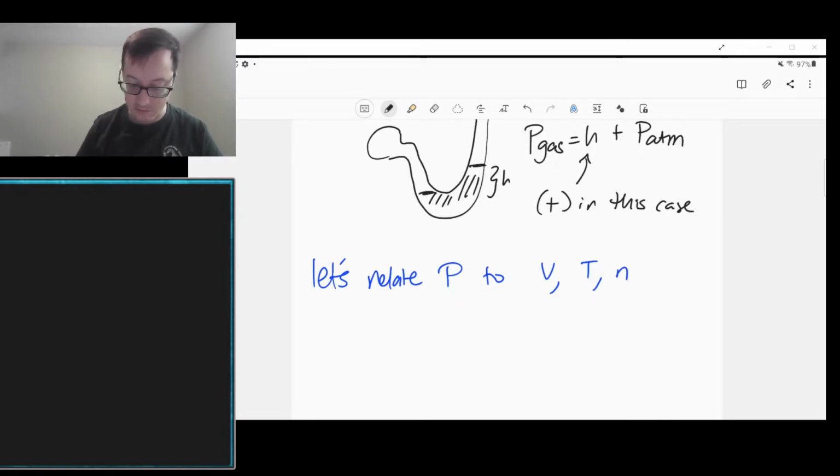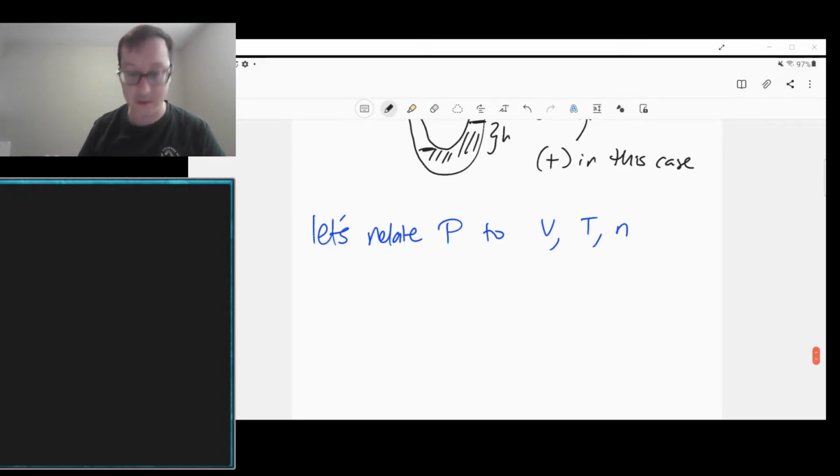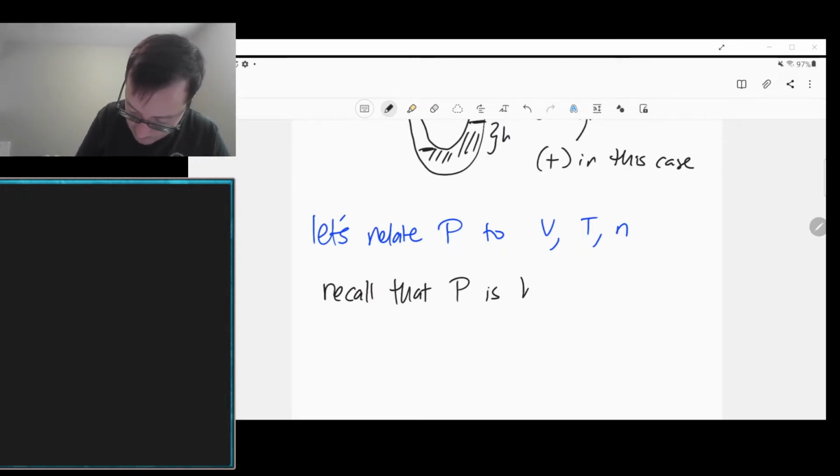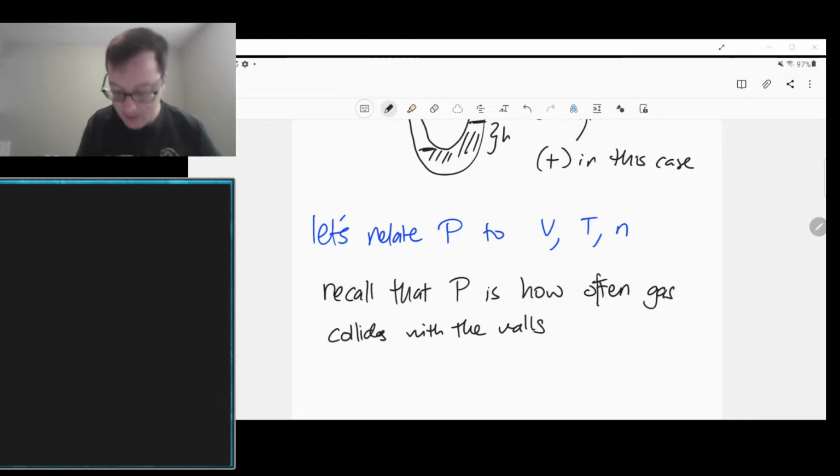But let's look at pressure and volume. So remember that pressure is how often gas collides with the wall. If we understand that, we're going to be able to understand the relationships between pressure and volume, pressure and temperature, and pressure and moles.